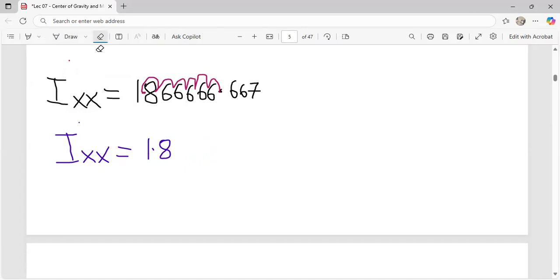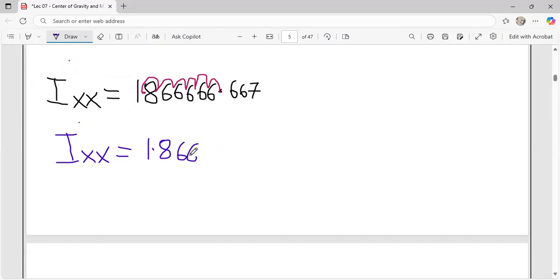Let's maintain it to just 4 decimal places. When we moved the decimal point, how many places did we have? 1, 2, 3, 4, 5, 6. So it's going to be times 10 exponent 6.